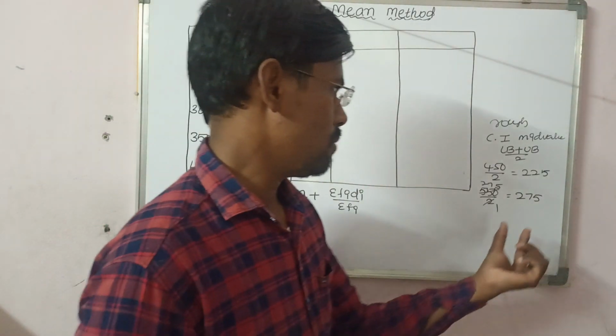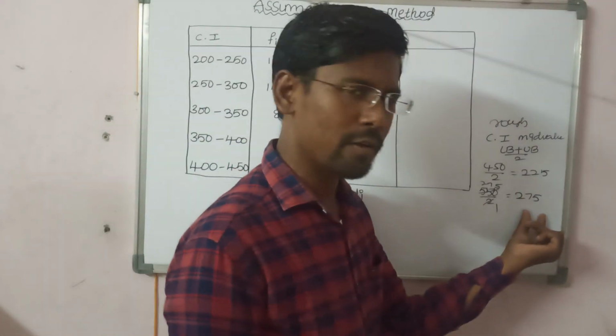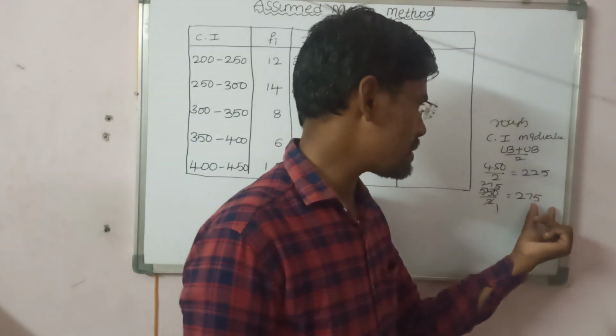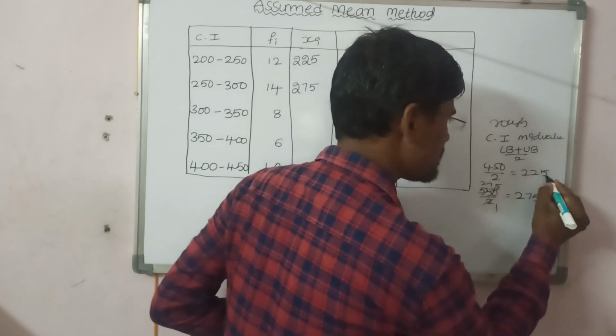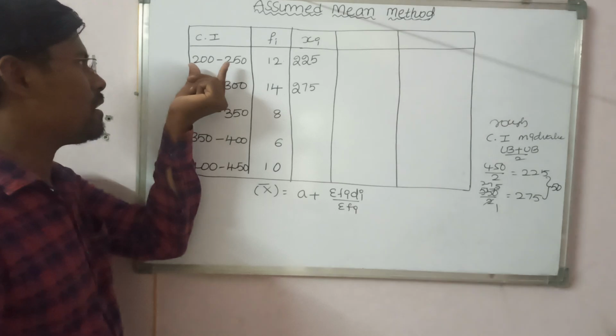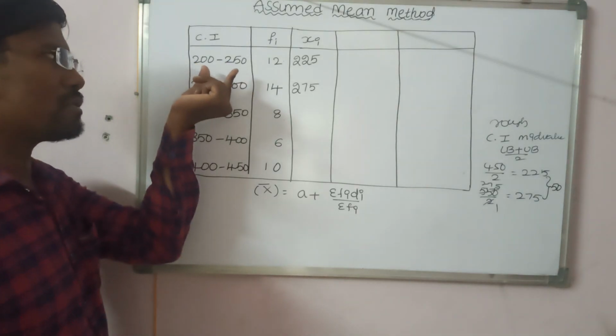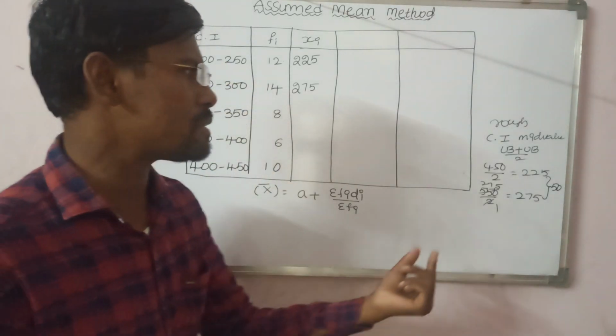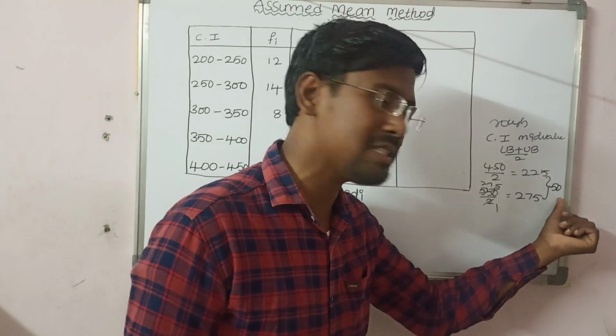If we observe between these two, how much is the difference? 275 minus 225, we get a difference of 50. And what is the height of our class interval? 50. So the height of the class interval and the difference between two consecutive mid values is the same.